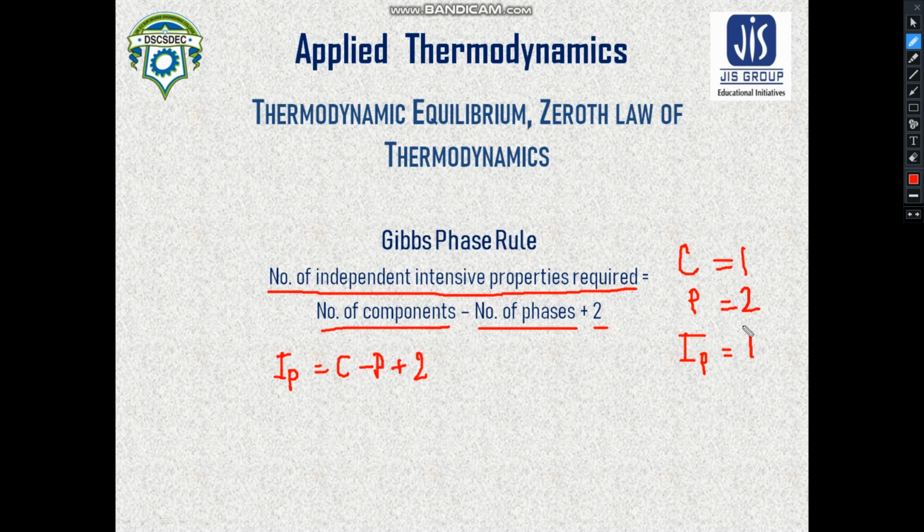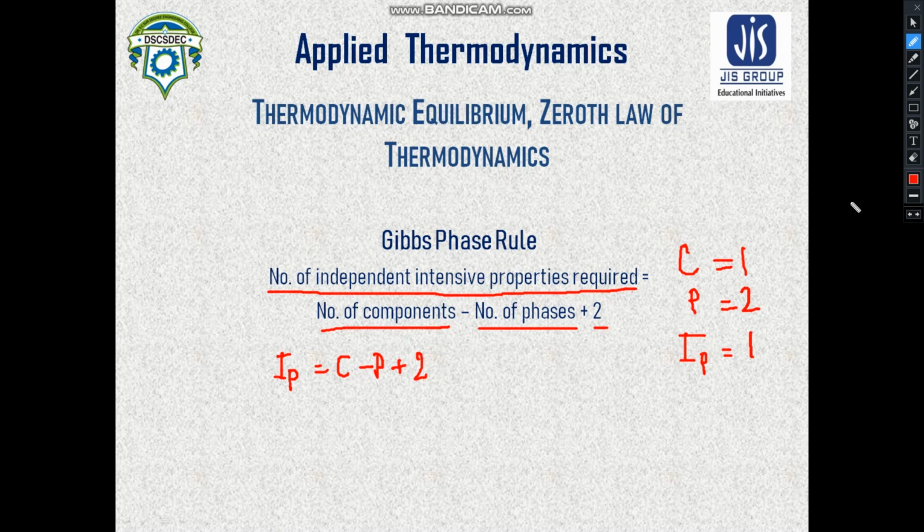When we have this information, we can get other information about that specific state. This is enough for us; from this we can calculate all the other properties.